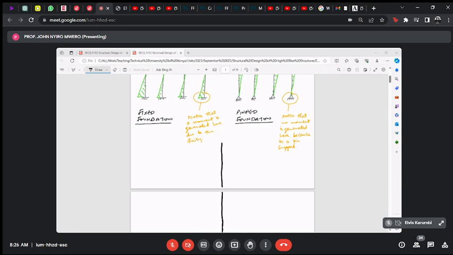So we have said the fixed frame is more rigid, is stiffer at the foundation.